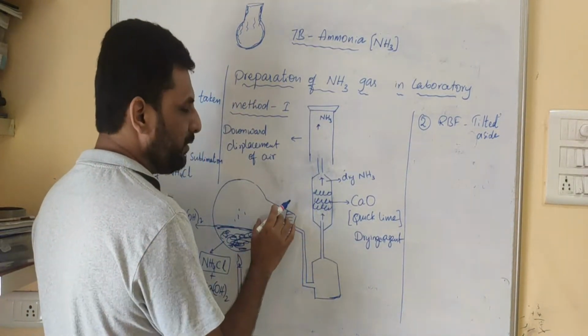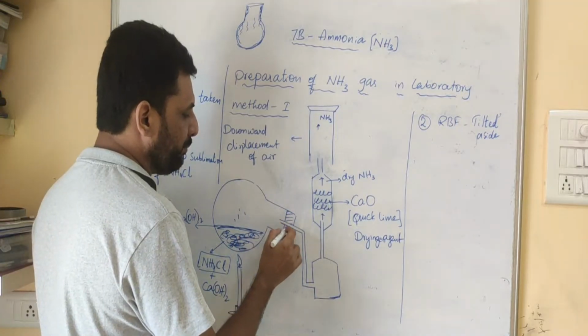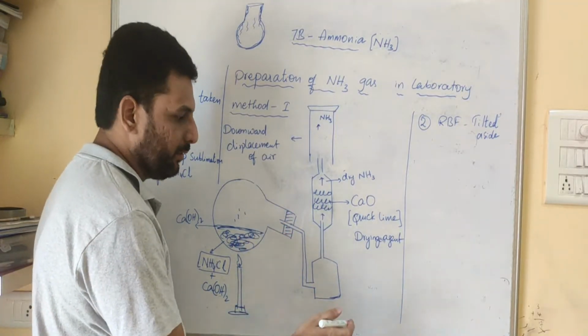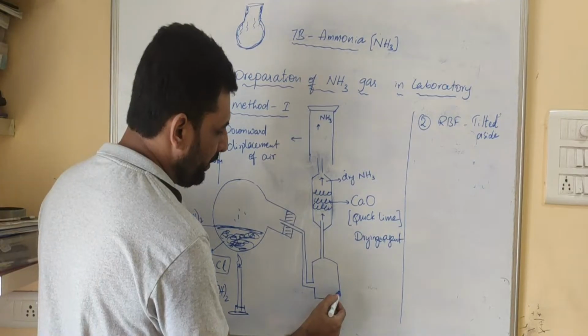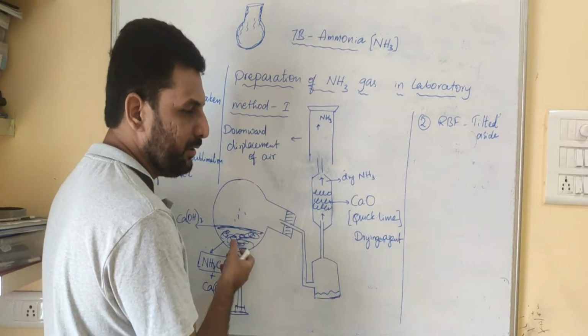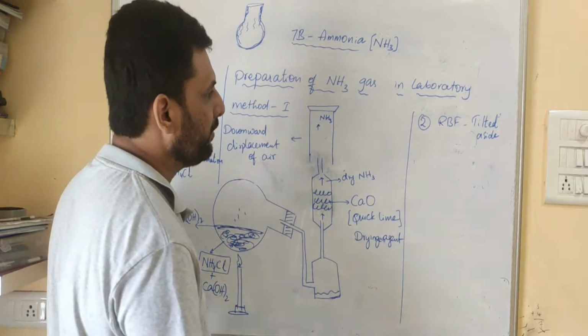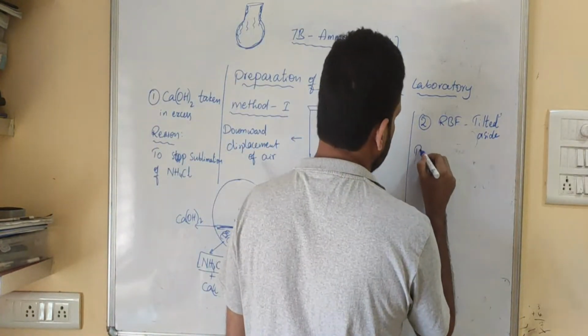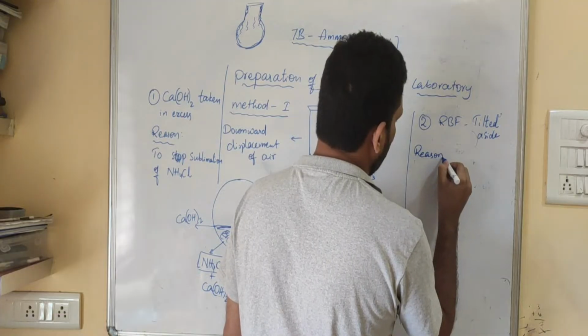So what do we do? We put the round bottom flask tilted, let the water vapor go immediately. Water vapor may be condensed here also. If the water vapor condenses here, no problem with the process. So what is the reason? We don't write the whole explanation.